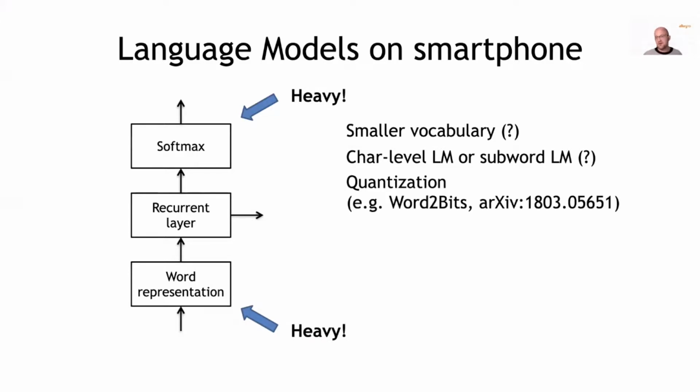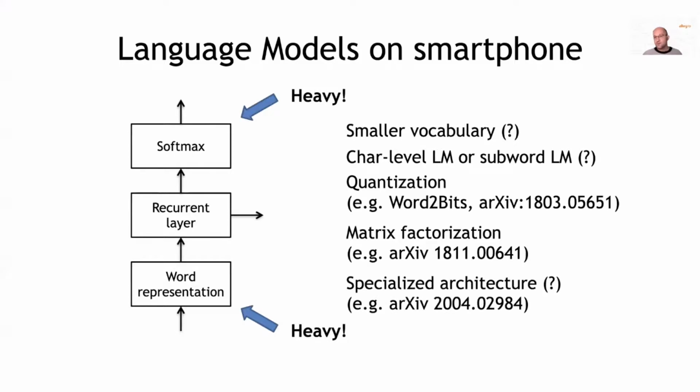Certainly, you can use quantization, which is reducing numerical accuracy of your computations. You can use some matrix factorizations, maybe to represent these huge matrices as a product of smaller matrices. Maybe you could use specialized architecture.